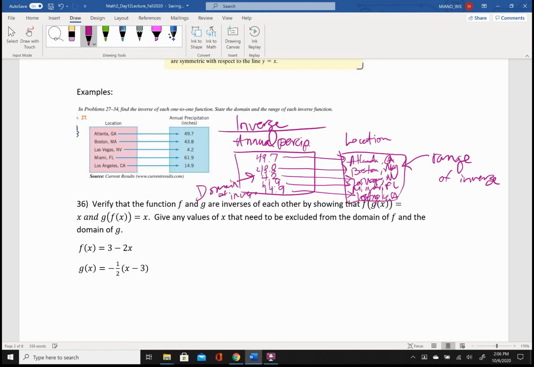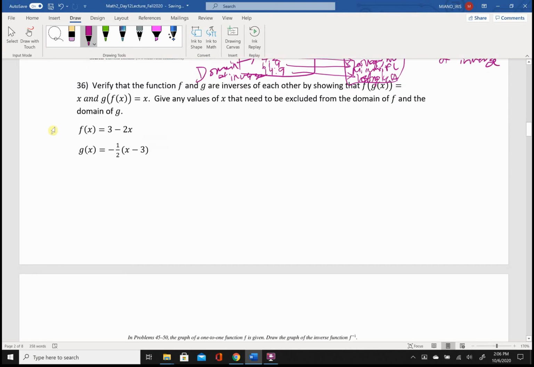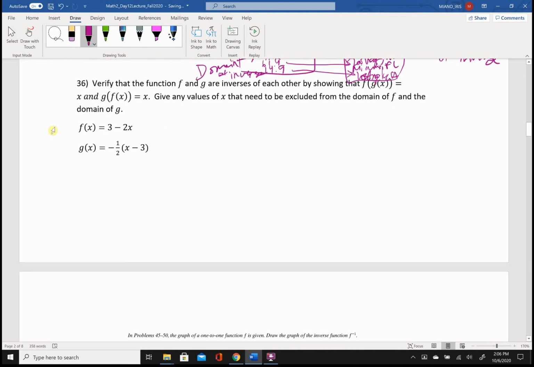Okay, great. Now let's go ahead and practice the algebraic business here, which is to say, if we have a function and supposedly its inverse, how can we confirm that those two are indeed inverses of one another? Well, you can do the following.